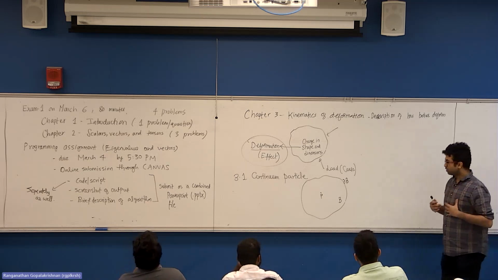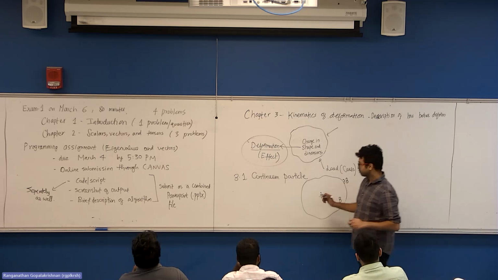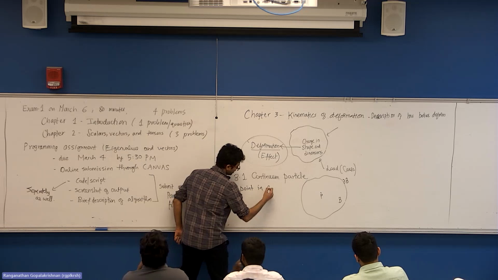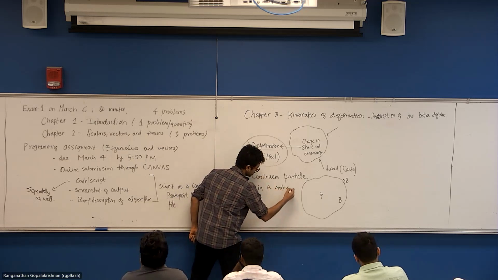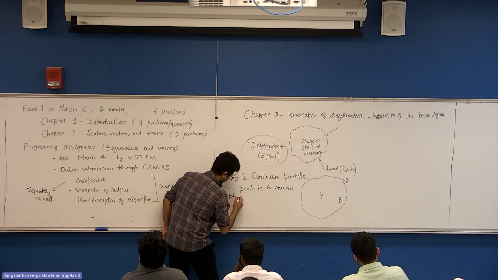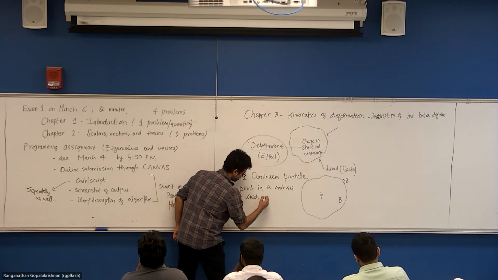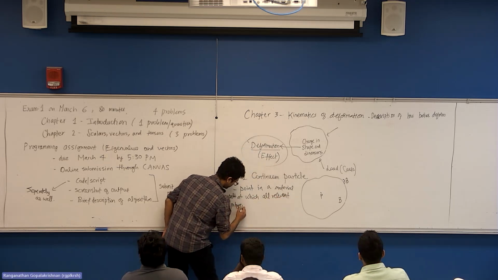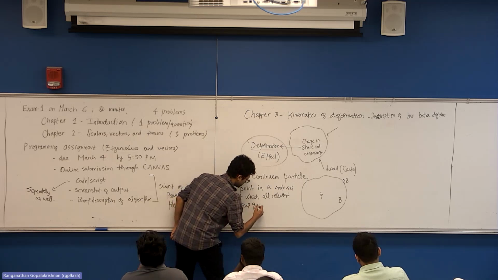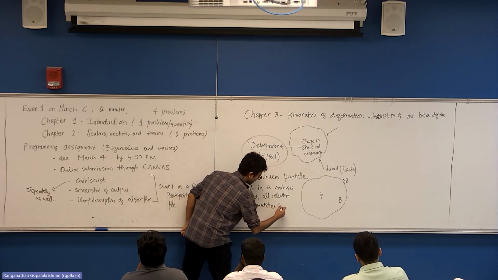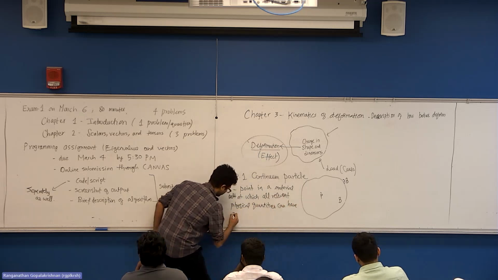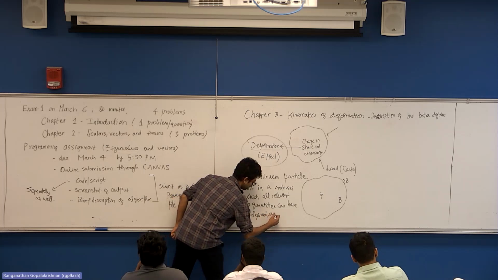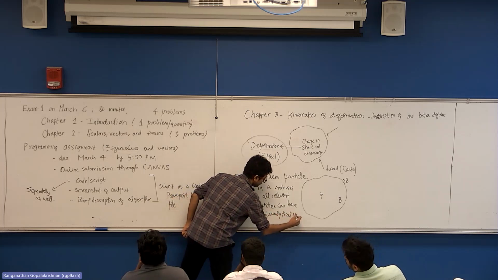We are going to invent our own context, which is to say a continuum particle is a point in a material at which all relevant physical quantities, which may be scalar, tensor, or vectors, can have a well-defined analytical value.